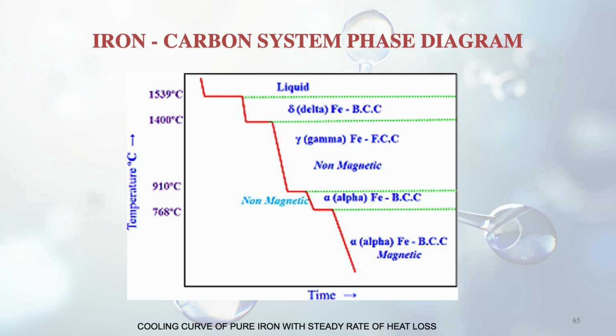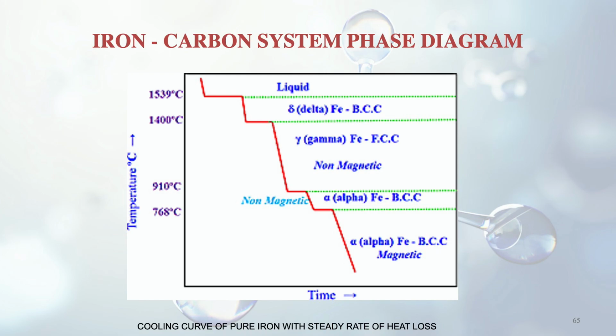From 910 degrees centigrade to 768 degrees, it is still non-magnetic, but it is known as alpha, because the microstructure is changing, becoming body centered again. And from 768 till the bottom, meaning up to the lowest temperature or 0 degrees, this one is alpha again, and it is BCC type, but now it is magnetic.